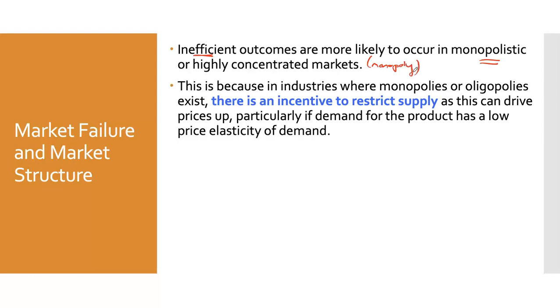This is because in industries where monopolies or oligopolies or monopolistic structures occur, there is an incentive to restrict supply so as to drive prices up, and this will result in those businesses making more profit but not having the most efficient, effective outcome for the economy as a whole.